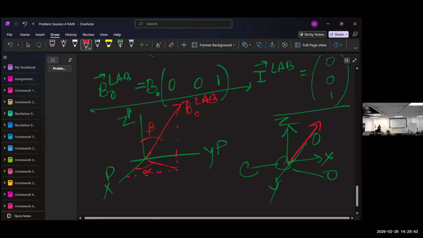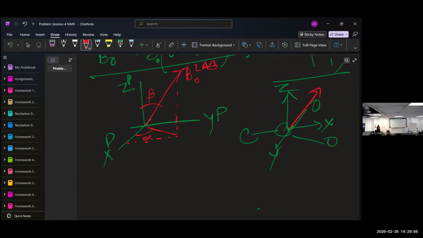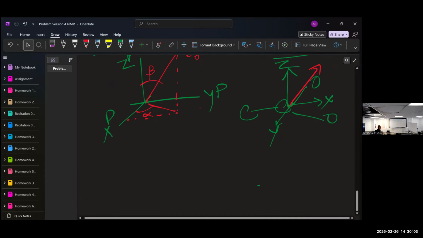And what we are trying to ask is, given this orientation, what will the NMR frequency be in terms of the CSA tensor components? This is the central question that we are trying to grapple with. Okay, now if I wanted to write this red vector in the PAS system as X, Y, and Z components, what would it look like?